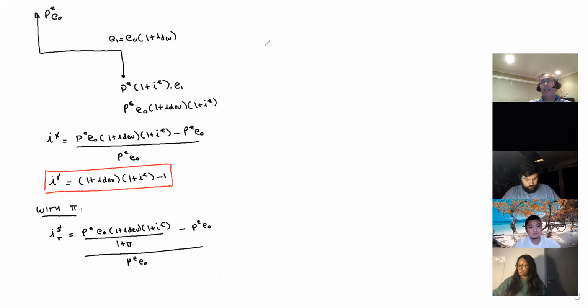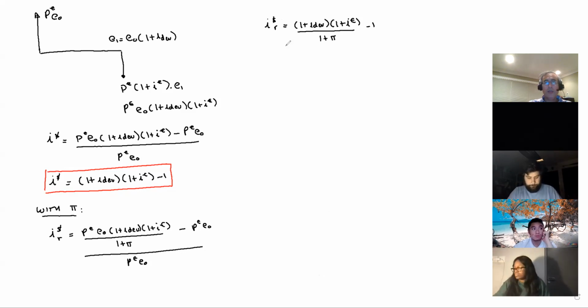If you simplify, you arrive to a condition like this one. It's going to be 1 plus the depreciation times 1 plus the interest in euros, over 1 plus pi, minus 1. Agree? This was the equation.